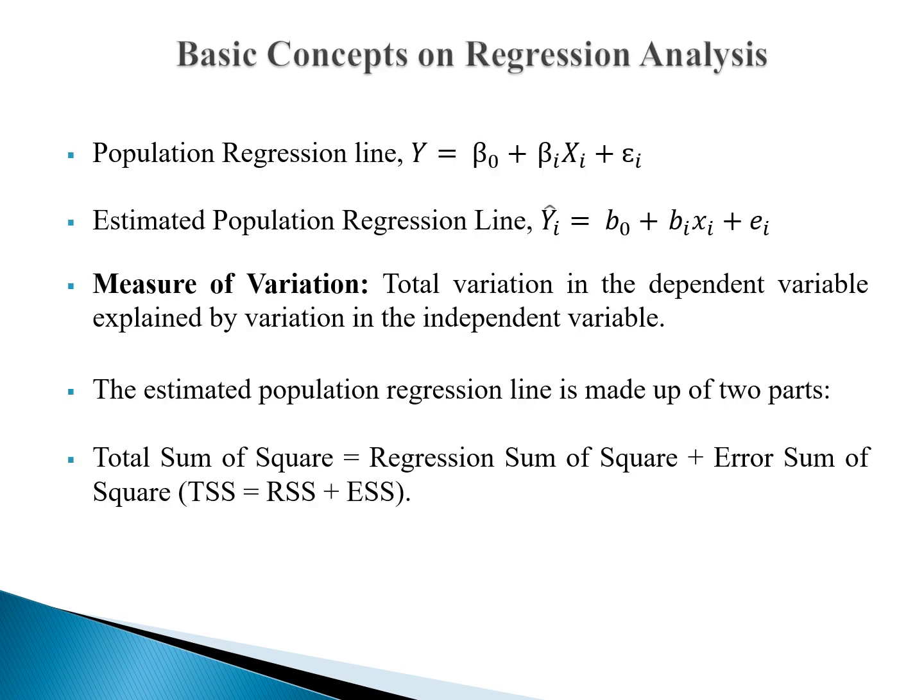Now the population regression line, if we write it in general form, instead of describing the individual independent variables, we write it as y is equal to beta naught plus beta i xi plus eta i.